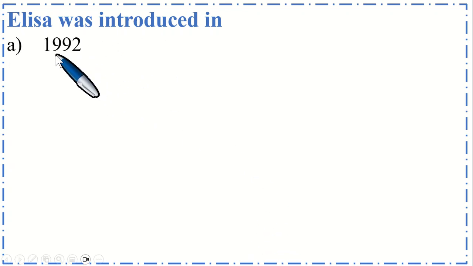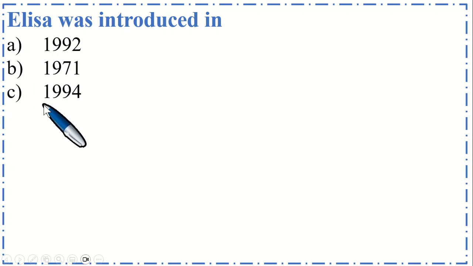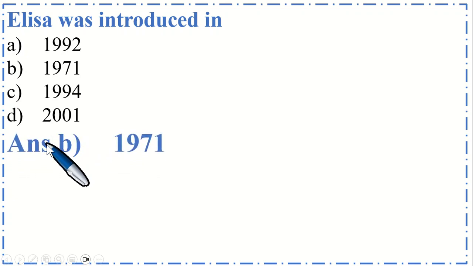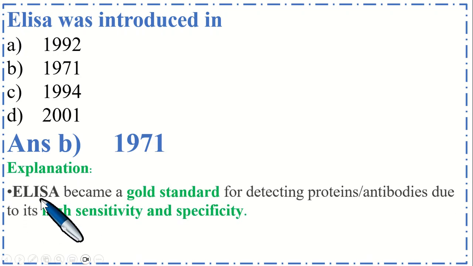ELISA was introduced in option A, 1992; B, 1971; C, 1994; and option D, 2001. So the correct option is B, 1971. Here is a very short explanation.